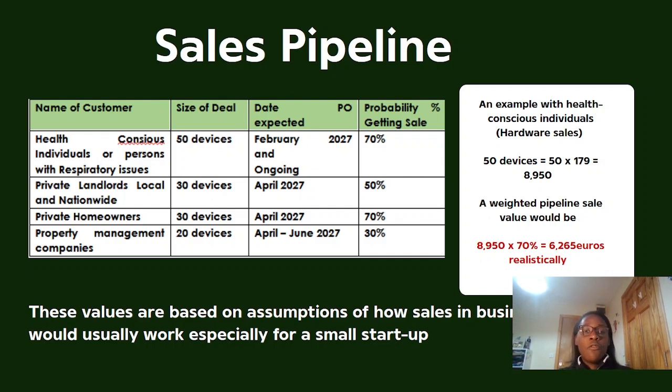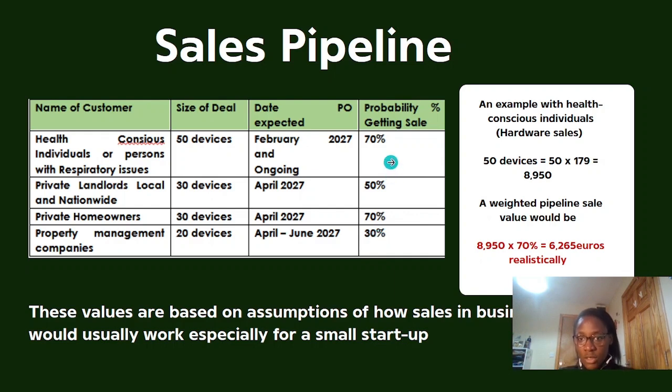We have four main customers here: health conscious individuals with respiratory issues, private landlords, private homeowners, as well as property management companies. That will be, say, things like B&Bs, hotels, and other things like that. So we have the number of devices as a size of deal, an expected date, and a probability of getting a sale.